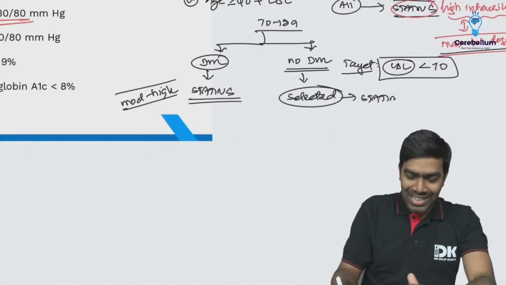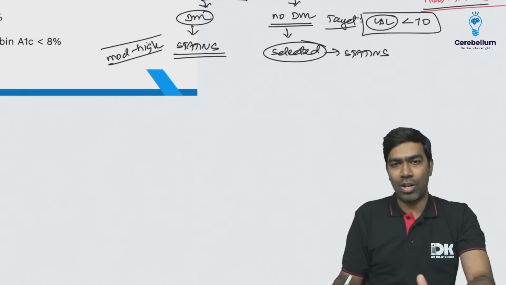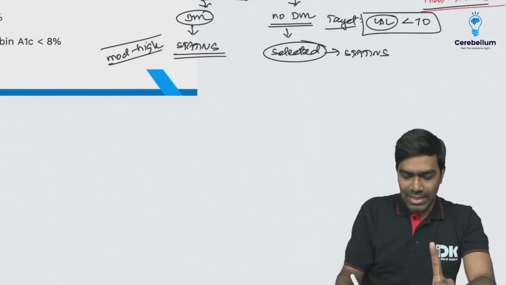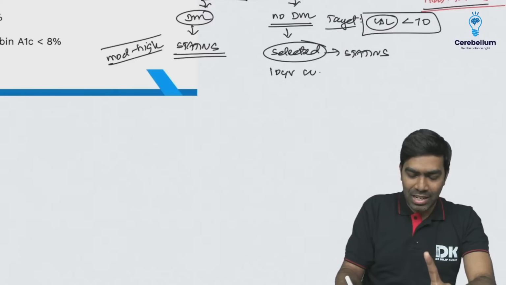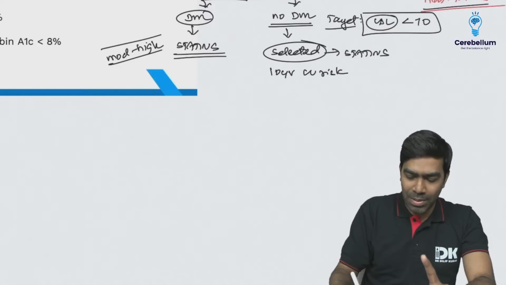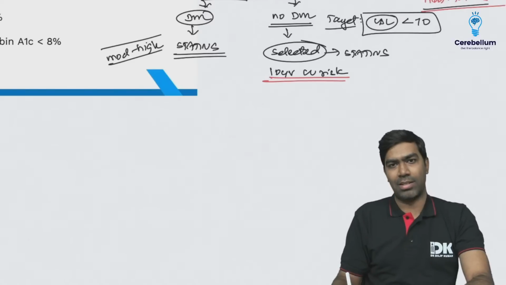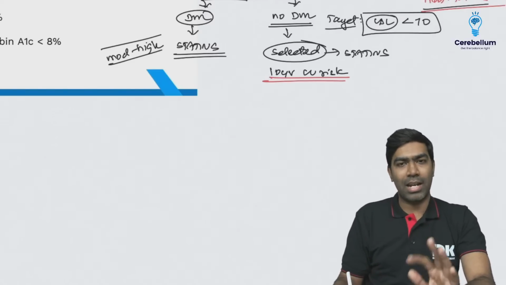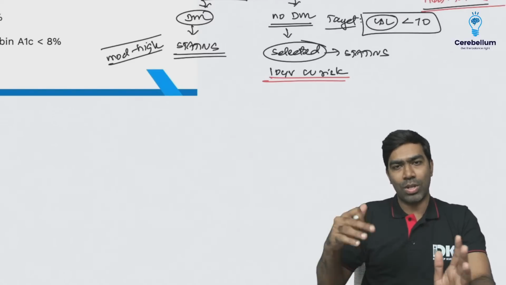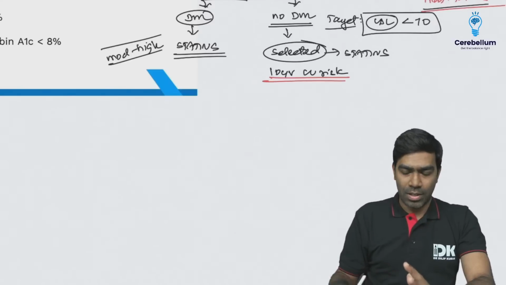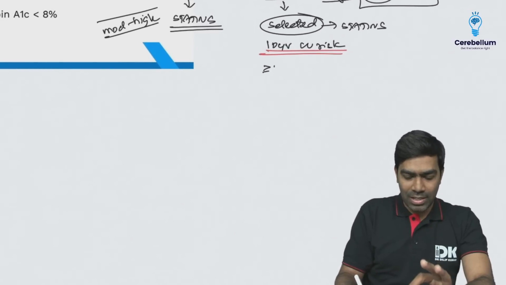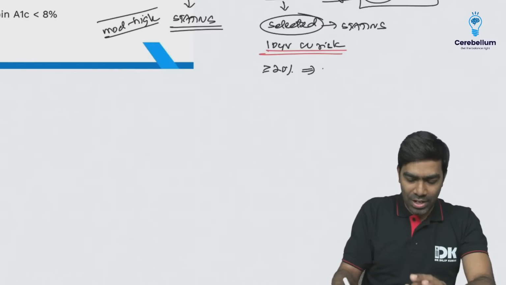How can you select whether this patient will be requiring statins or not? So ACC/AHA clearly says that you have to use something called a 10-year cardiovascular risk calculator that is available on the ACC/AHA website. This is available for those who are aged 40 and above. Okay, here if the cardiovascular risk is more than 20%, definitely you have to use statins.